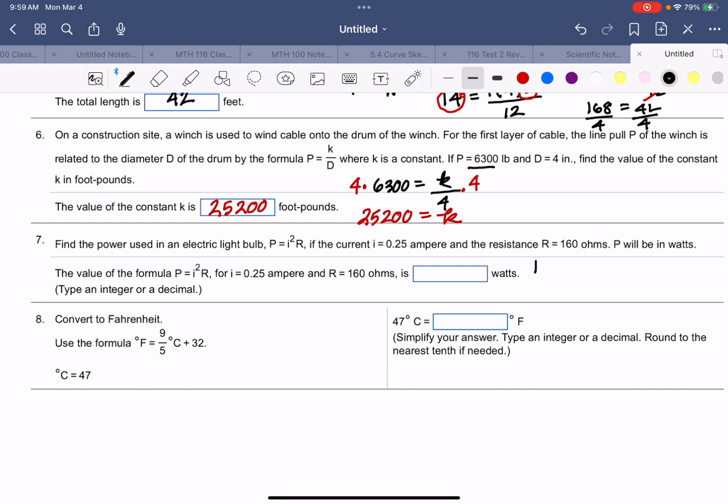This time we don't know the P. We know I, 0.25, has to be squared times R, 160. And again, order of operations says we do the square first. So 0.25 squared, 0.0625. That's times 160. That will give us our watts, which is 10 watts when you do the multiplication.